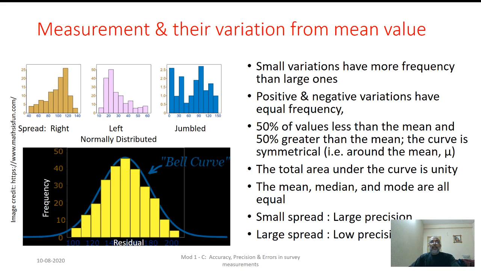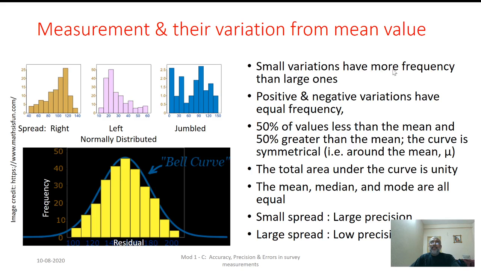But for the given set of measurements, we can have the residuals plotted against frequency in order to get this bell-shaped curve. So here their characteristics can be considered as listed here.